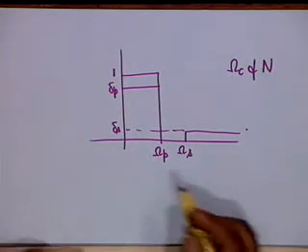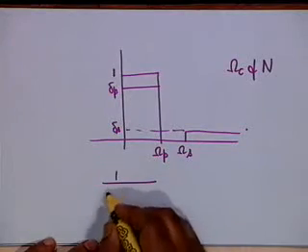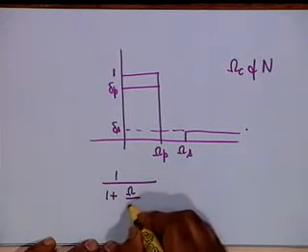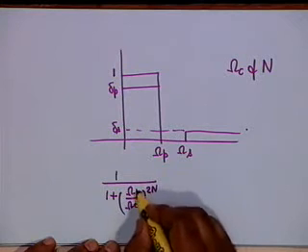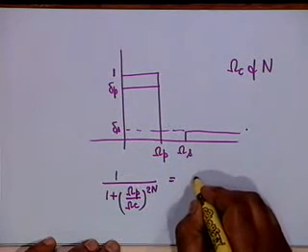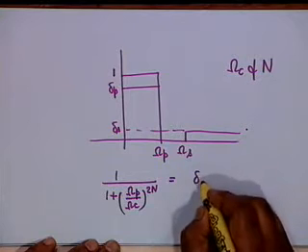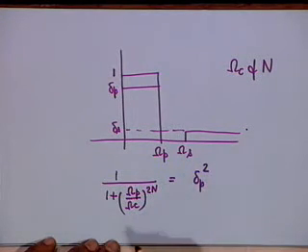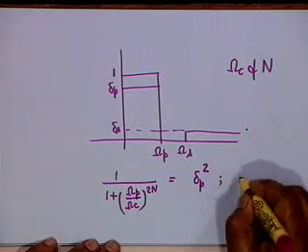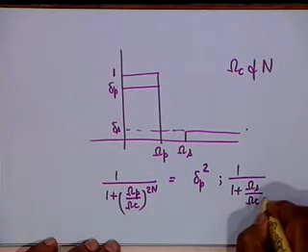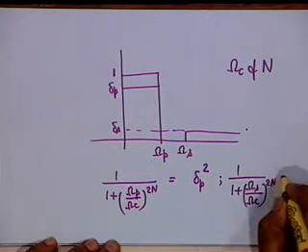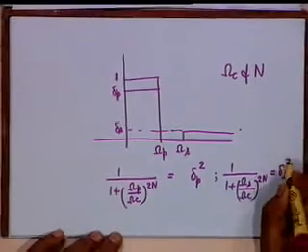But if this is the general specification, then you write the two conditions, that is 1 by 1 plus omega p by omega c to the power 2n is equal to delta p squared, right, and 1 by 1 plus omega s divided by omega c to the power 2n is equal to delta s squared.